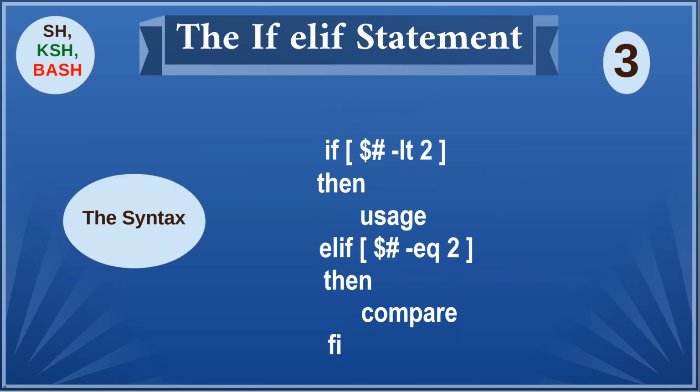And then we have the syntax for the same statement. So now we're comparing if $# is less than 2, then call the usage function. elif $# is exactly equal to 2, then call the compare function.